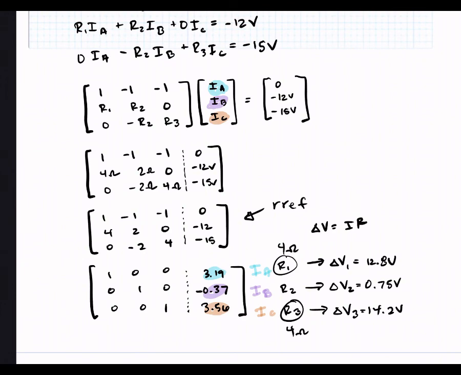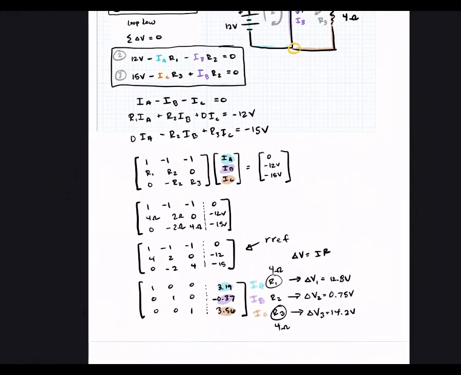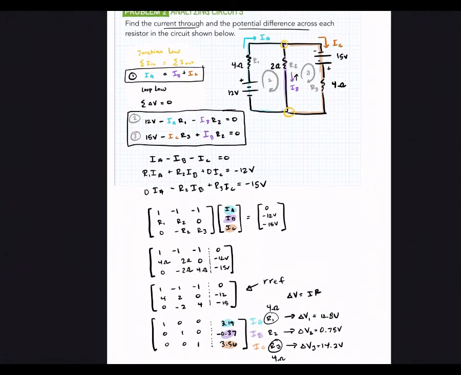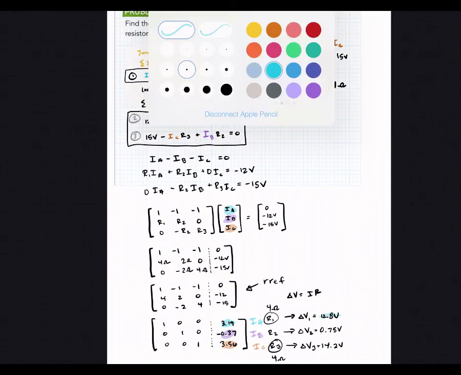So we have all of our currents, and we have all of our voltages across our different circuit elements. All right, so if you look back at this whole problem, you can see we used 2 of the 3 loop laws and 1 of the 2 junction laws, and we used them to find all of the different values we were asked for.